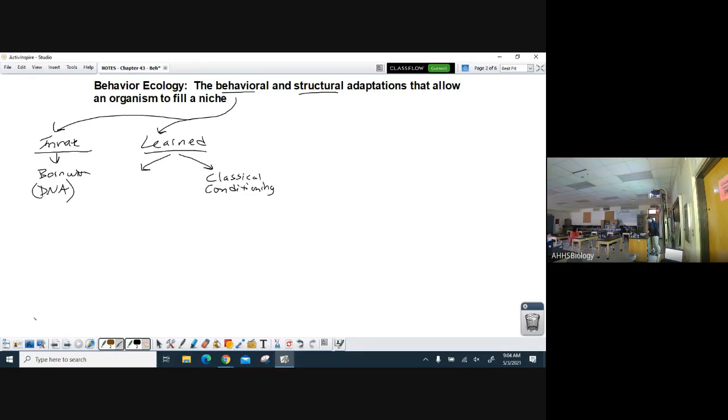Okay, Pavlov did this. You all know Pavlov's dogs? No. So Pavlov had all these dogs, and he paired a stimulus with an involuntary response, okay?